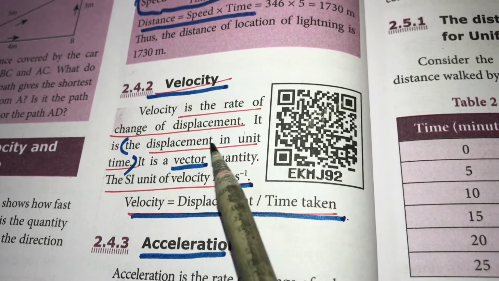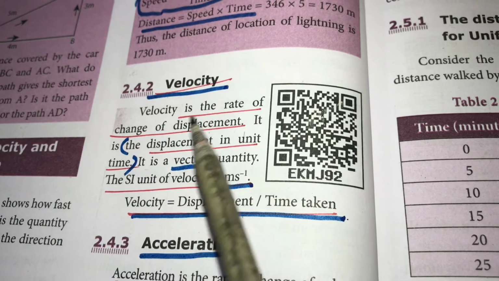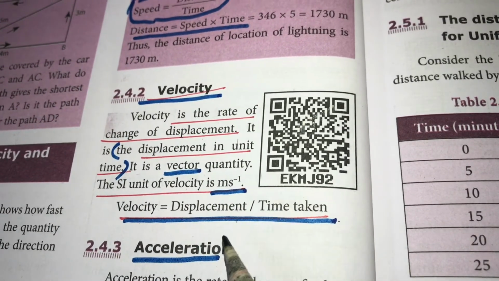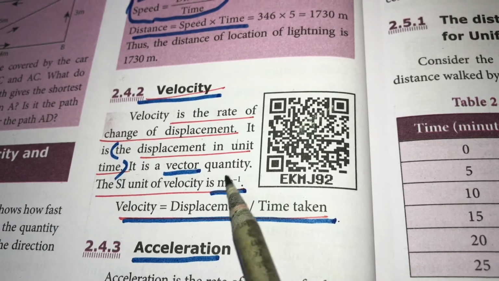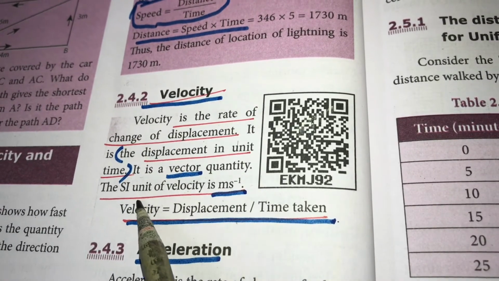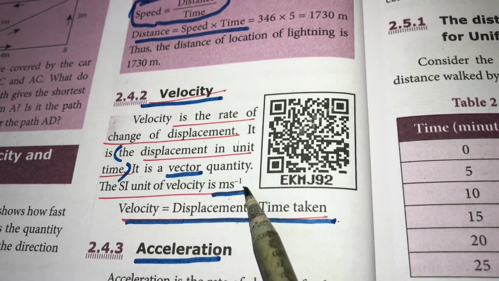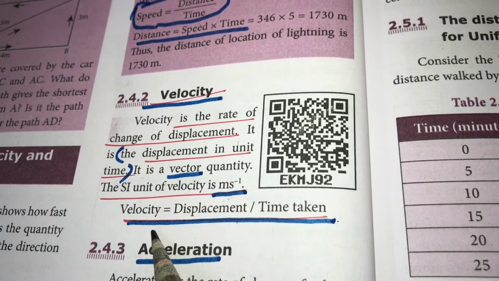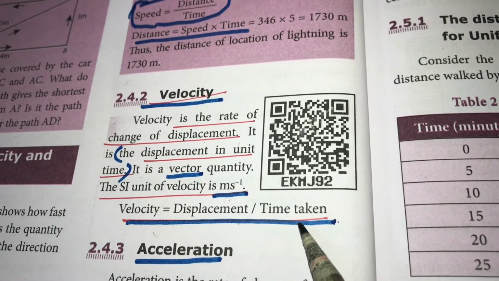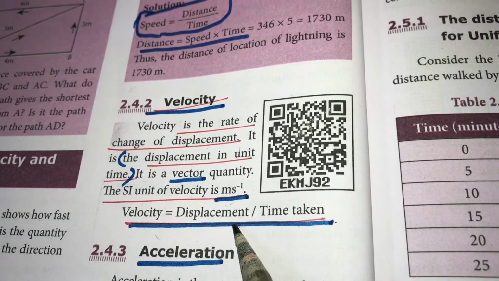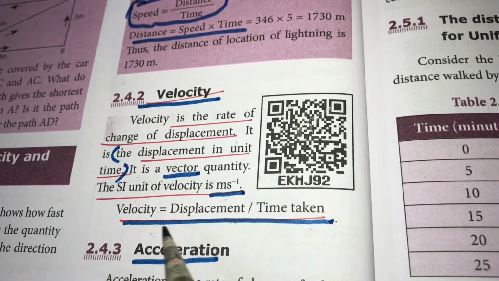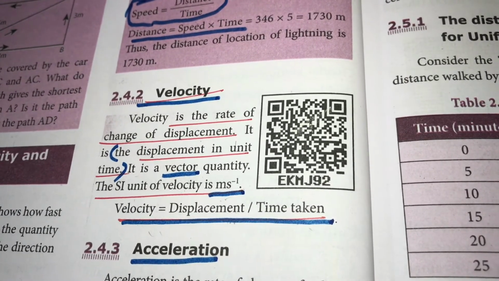The displacement in unit time is called velocity, and it is a vector quantity, possesses both magnitude and direction. The unit of velocity in the SI system is meter per second. So velocity is calculated with both magnitude and direction in a given time. That is, both magnitude and direction means displacement. Displacement by time taken will give you the velocity.